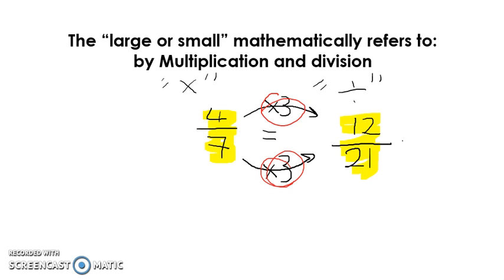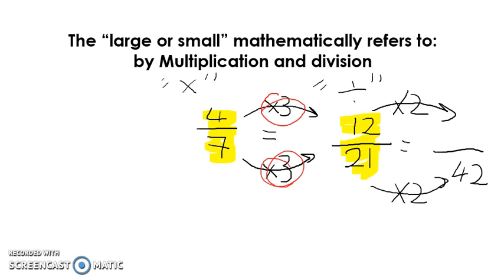Now, let me try to do this again. If I multiply them by the same number again, doesn't matter what it is, say by 2, I would get 42 over 24. There you go, an equivalent fraction to the other two again. Now, as I said, I can actually do it backwards.